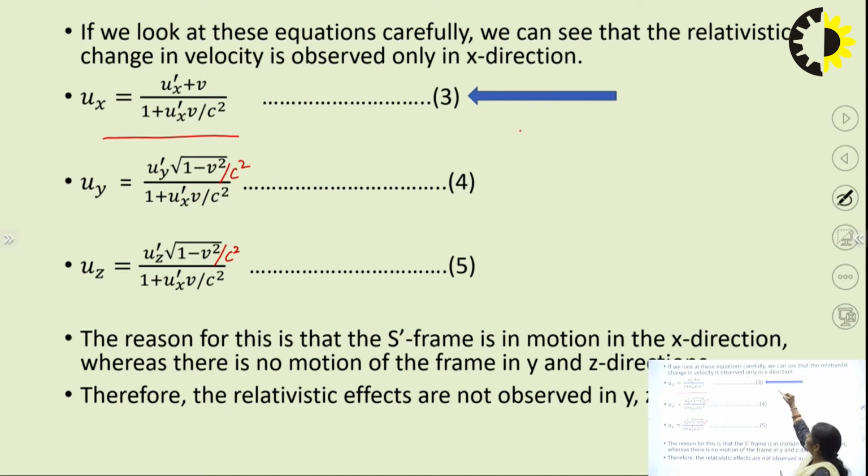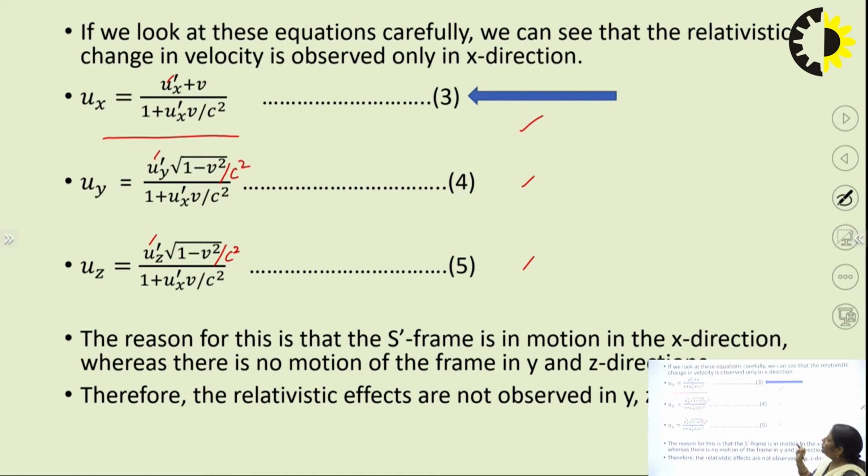So these three are the components of velocity in the S frame, and all of them are related to the S dash frame components. These x dash, y dash, z dash are the dash frame components of velocity.